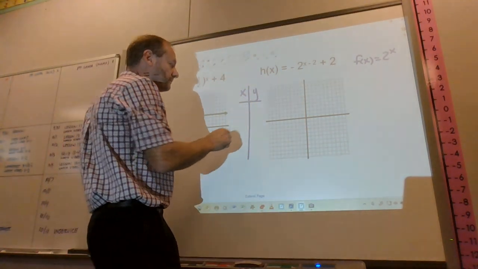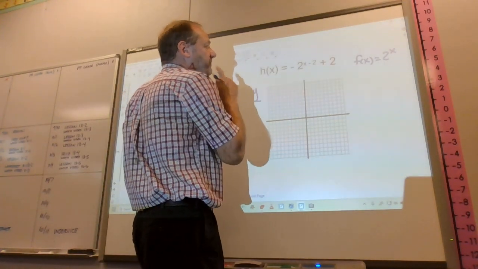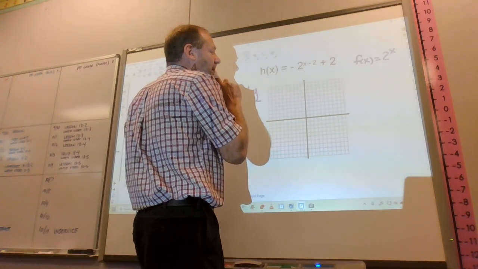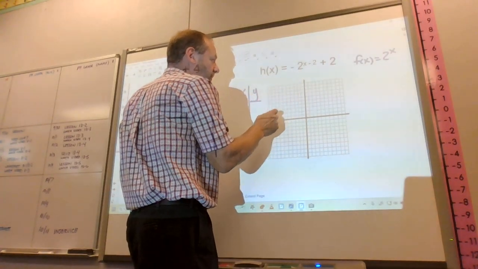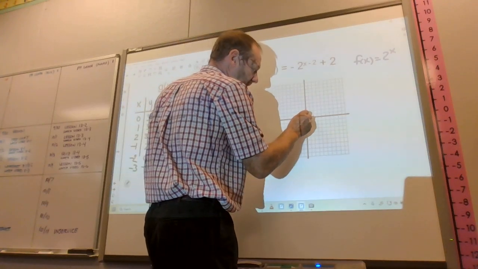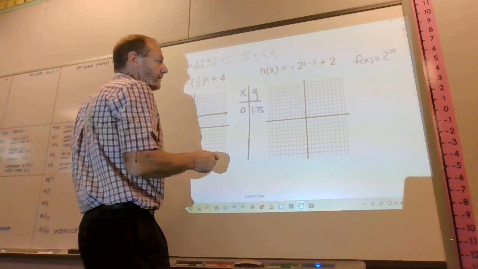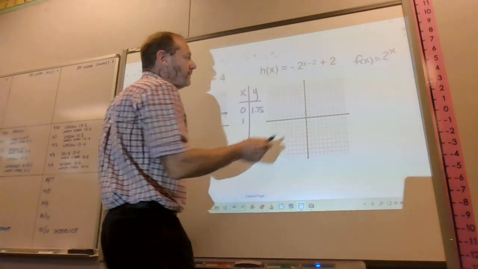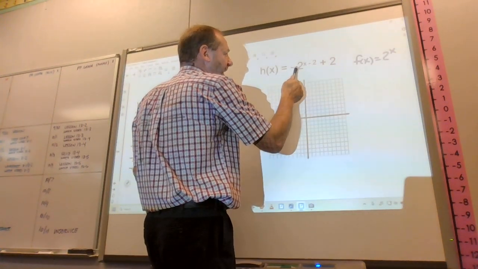Okay, so let's plug some numbers in here. 0 would give me 2 to the negative 2 would be 1/4. Negative 1/4, so it's going to be 1.75. It's going to be right about here. Okay, 1 would give me 2 to the negative 1 power, which would be 1/2.